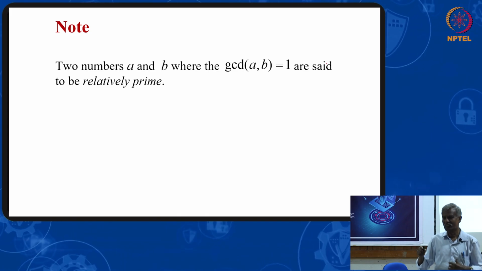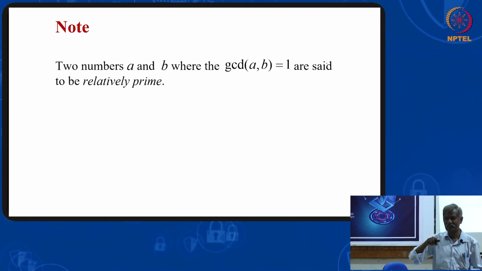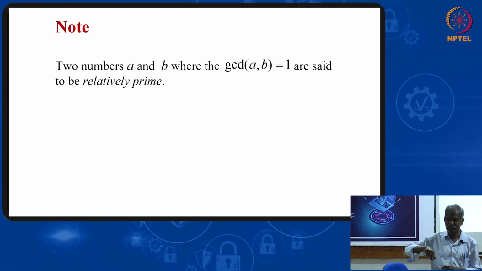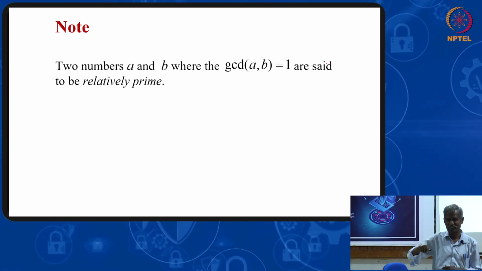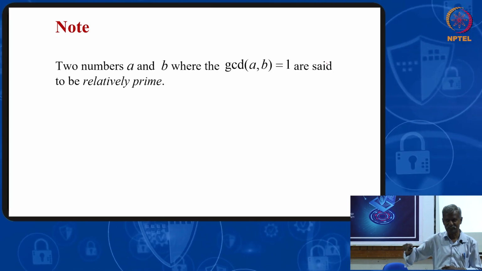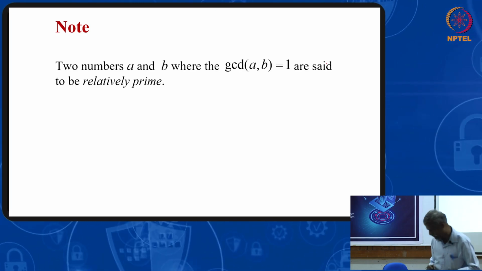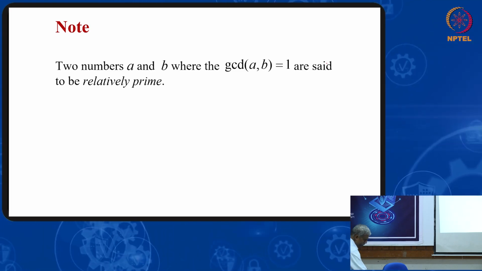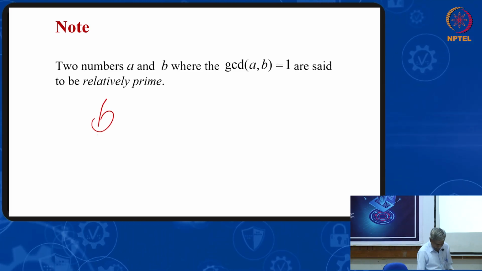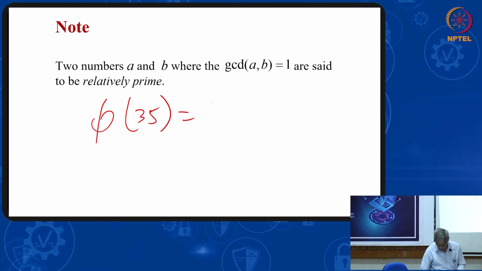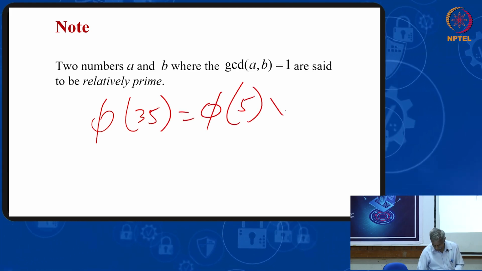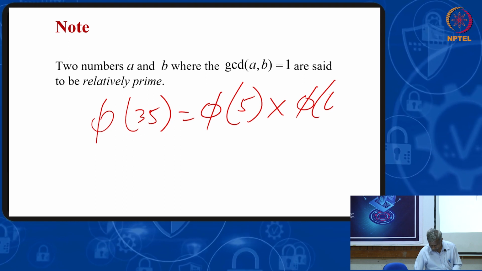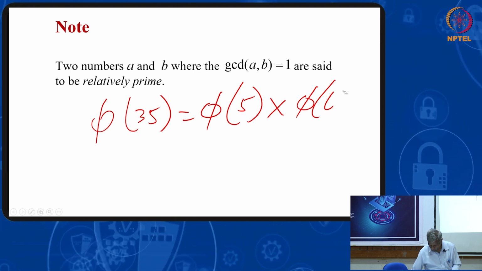What is phi of 5? 4. And phi of 7? 6. So phi of 35 equals phi of 5 into phi of 7, which is 4 into 6.